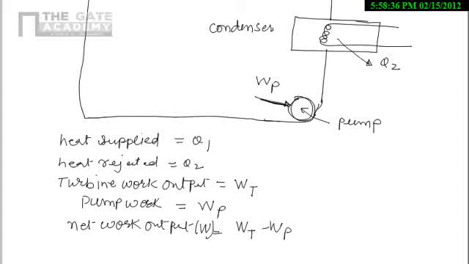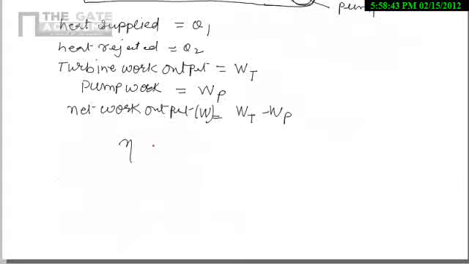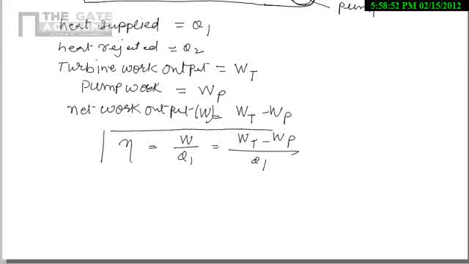In this way we can also write down the efficiency formula. Efficiency is W by Q1, so I can write WT minus WP divided by Q1. This is the very basic theory for the simple steam power cycle.